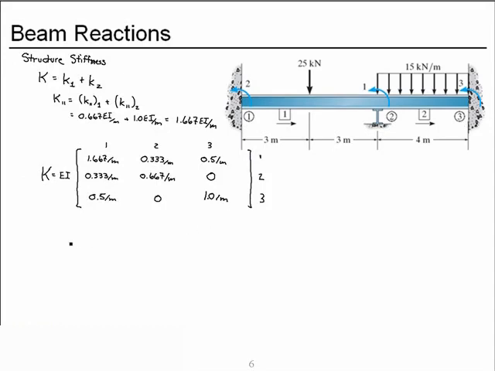Now we'll use parts of this matrix in this equation in order to find the unknown displacements at the unconstrained degrees of freedom.